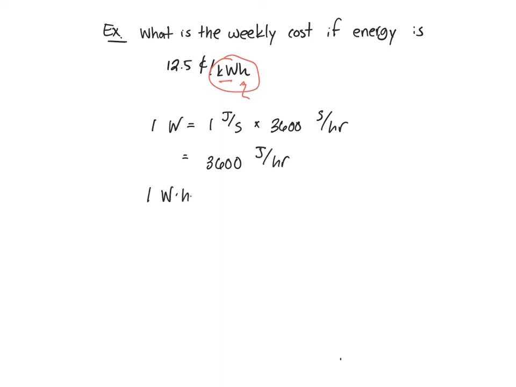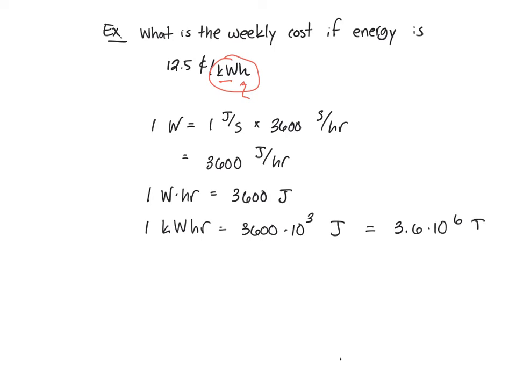So then the unit 1 watt hour would just be 3,600 joules. So we multiply 3,600 joules per hour times 1 hour. And then moving on, 1 kilowatt hour is going to be 3,600 times 10 to the 3 for the kilo joules. In other words, 3.6 times 10 to the 6 joules, or 3.6 megajoules. So 1 kilowatt hour is equal to 3.6 megajoules.